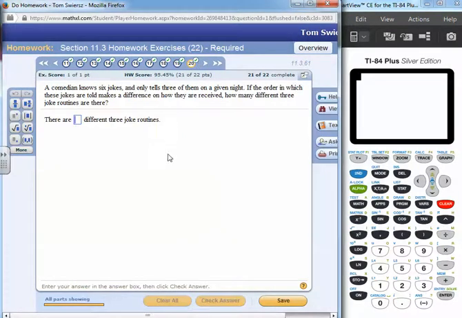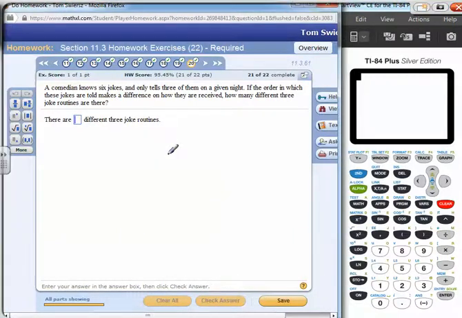Number 20. A comedian knows 6 jokes and only tells 3 of them. If the order in which these jokes are told makes a difference in how they are received, how many different 3-joke routines are there? It specifically says order makes a difference, so order matters, so it's a permutation. We have a total of 6 jokes, and he's telling 3, so it's 6P3.